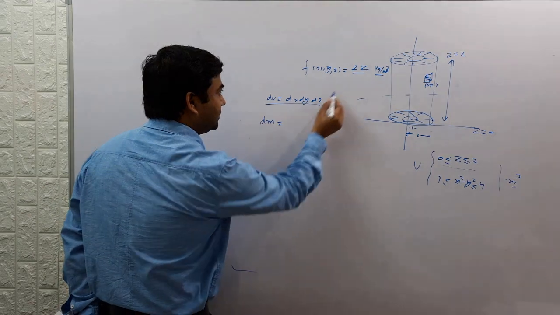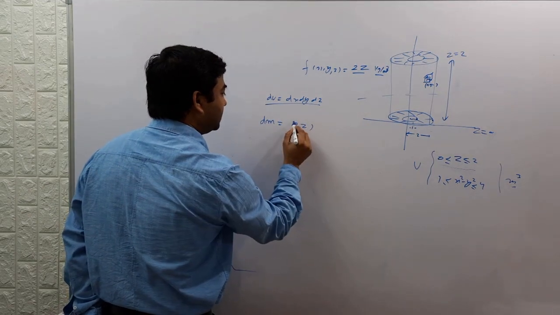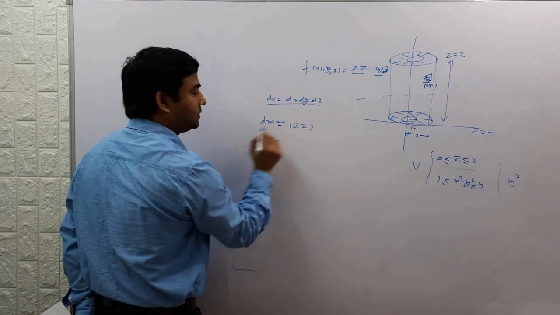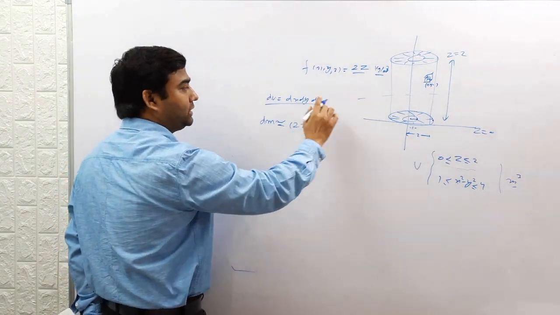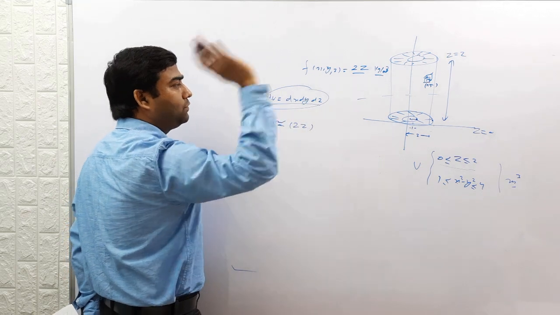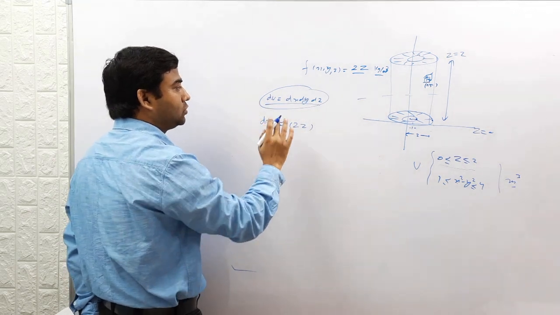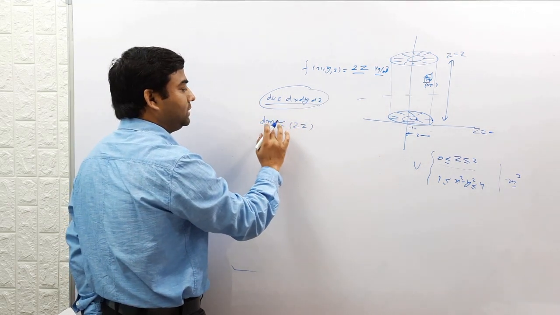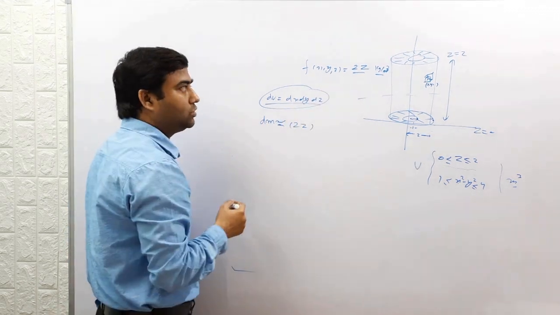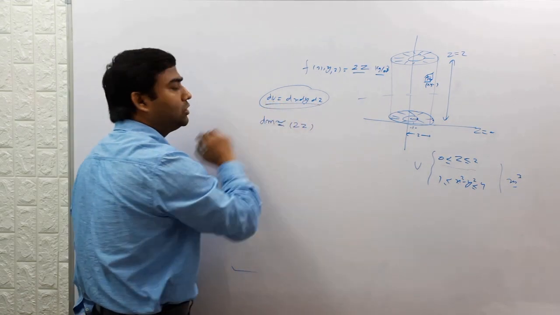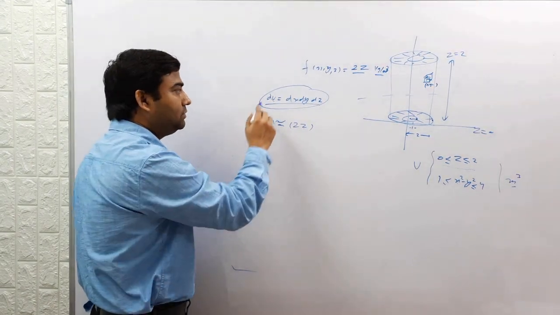So density is 2z. This will be approximate because the density is unique at a particular point, and this whole region has infinite points. So mass cannot be obtained directly by multiplying volume into density, because density is varying in region dV also.